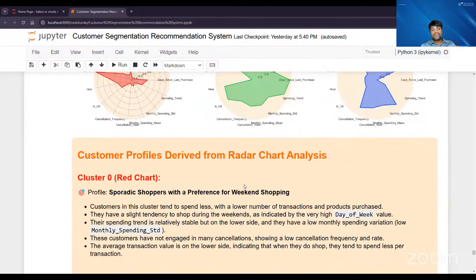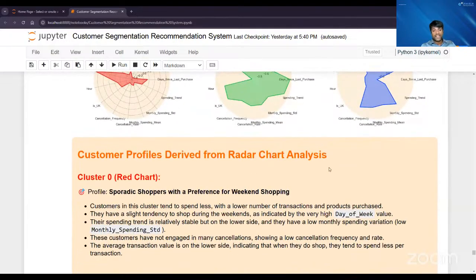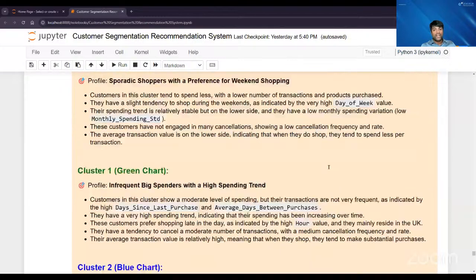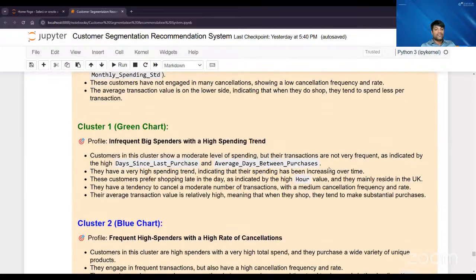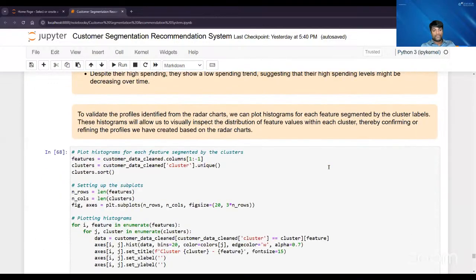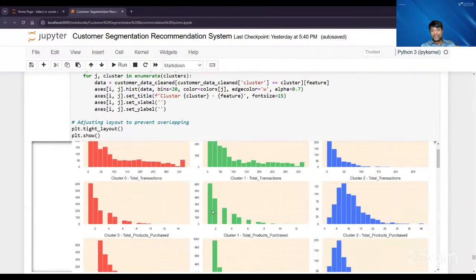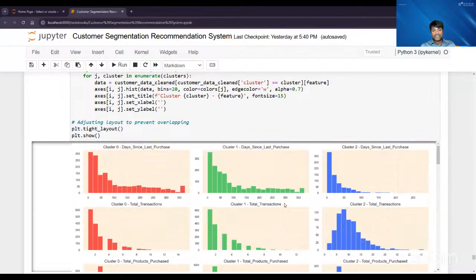This is basically a very detailed analysis that I have done, and I've given the colors. The first one is the red cluster, then the green cluster and the blue cluster. I'm plotting the total transactions for each column, the features we have used, for each cluster.